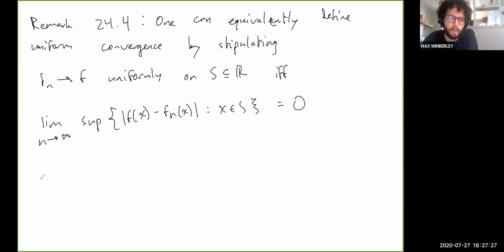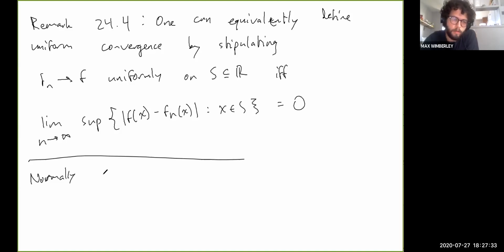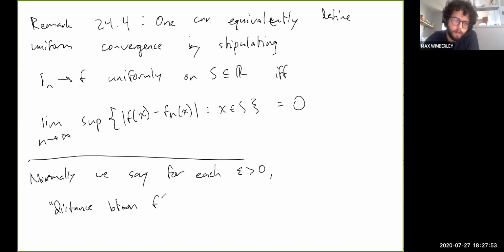So the whole point of this is just saying, normally we say, for each epsilon greater than 0, the distance between f(x) and fn(x) is less than epsilon for all x and sufficiently large n, right?